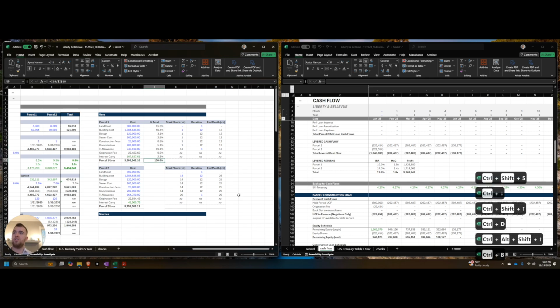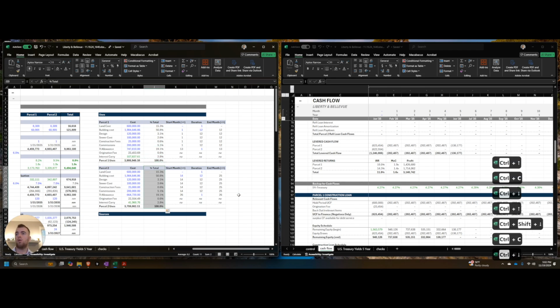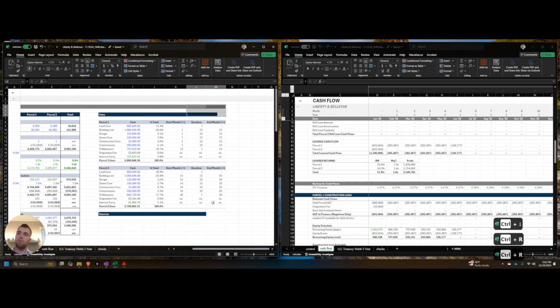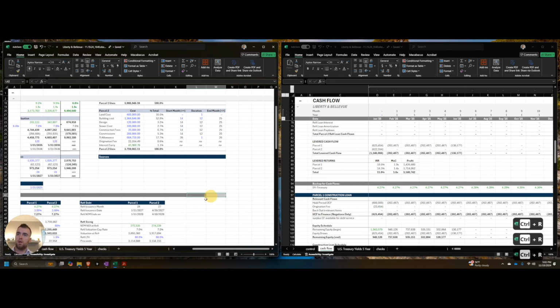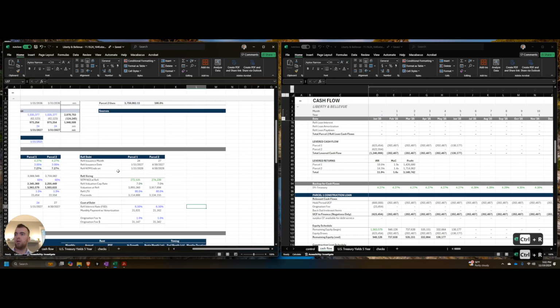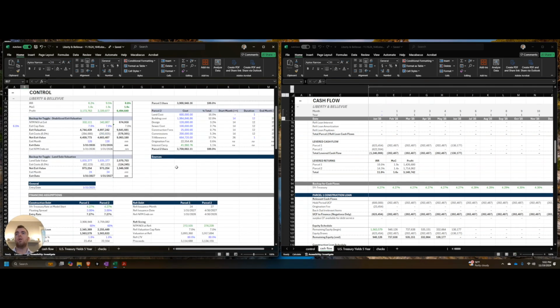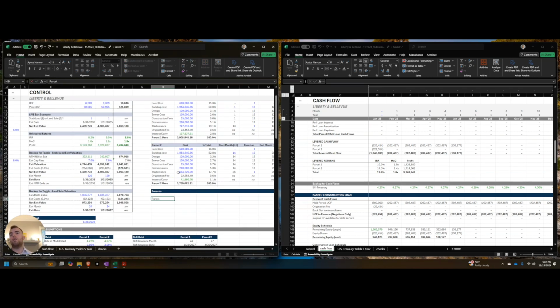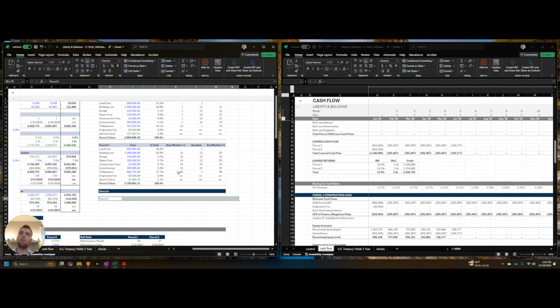Cool. People like to see percentages here. Parcel, so I'm just going to drag this out. It's all good. Parcel 1. Total, I'm just going to say total.